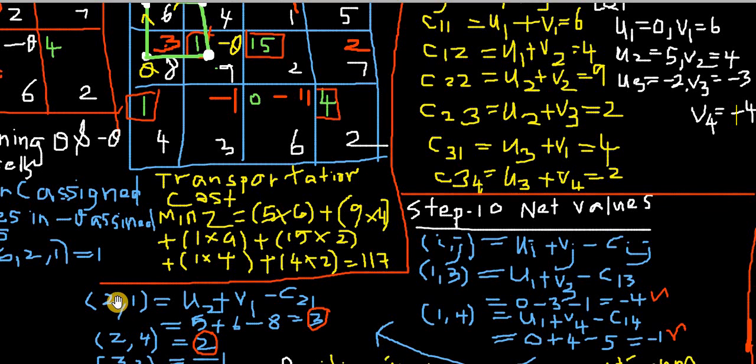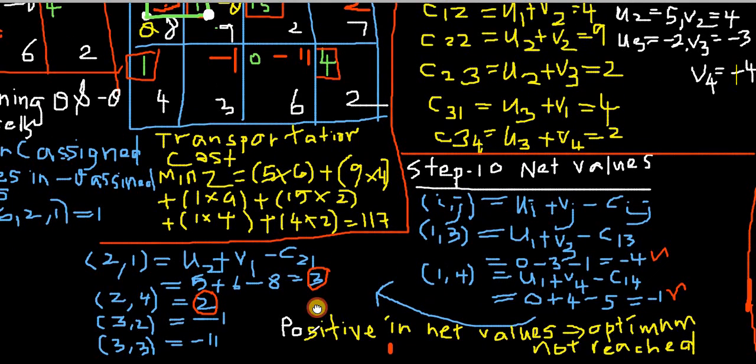Next one is what? 2,1. This is a non-basic cell. So 2,1 is equal to u2 plus v1 minus c21. u2 from this is 5, v1 from this is 6, and minus c21 is equal to 8. So you simplify, you will get 3. Next is 2,4.